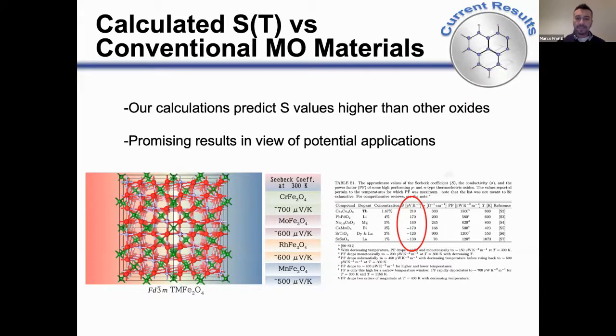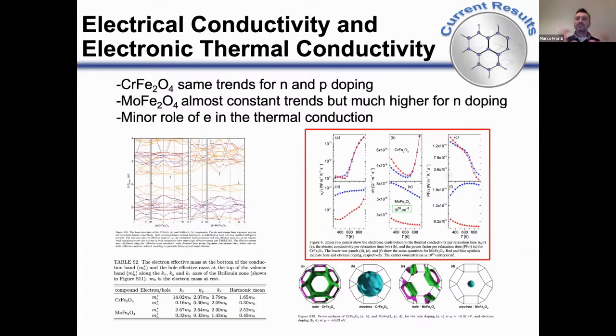We reach 700 microvolts per Kelvin, which is great considering the range that oxides usually reach. So let's consider these two oxides, and further analyze the other key properties, which are the electrical contribution to the thermal conductivity, the electrical conductivity, and the power factor.